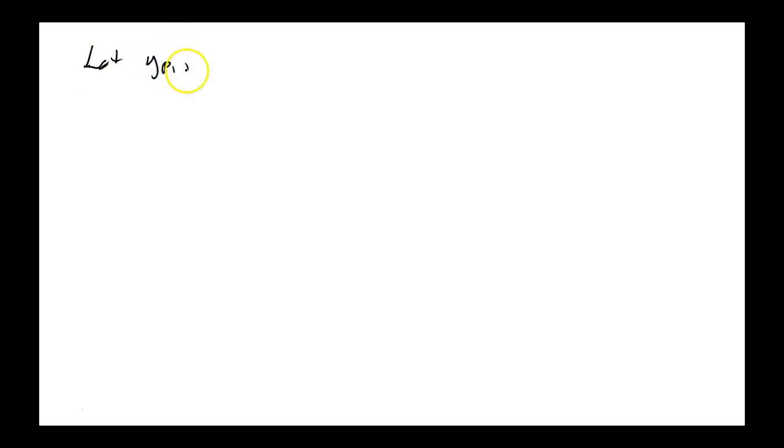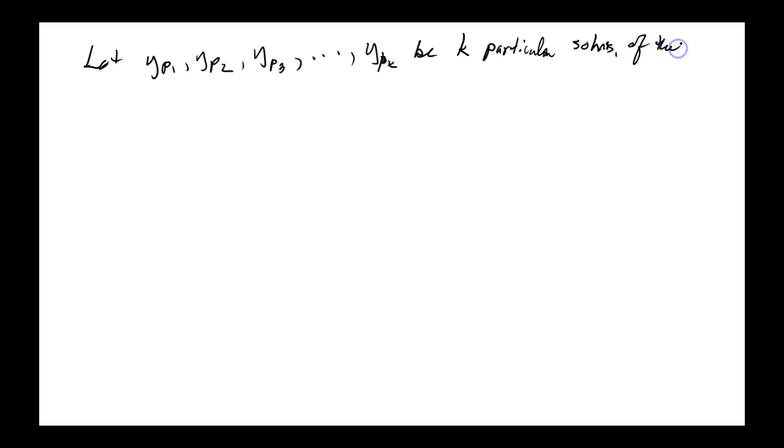Y sub p sub 1, y sub p sub 2, y sub p sub 3, up to and including what they're going to use the counter here, k, y sub p sub k, be k particular solutions of the non-homogeneous linear nth order differential equation, like we had there.